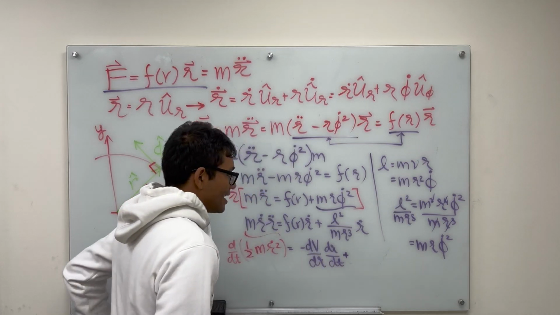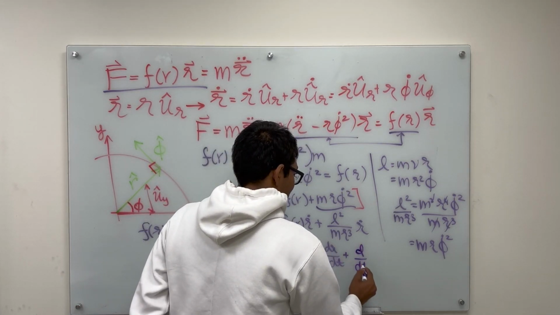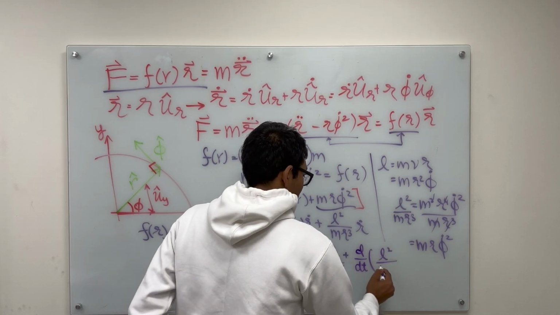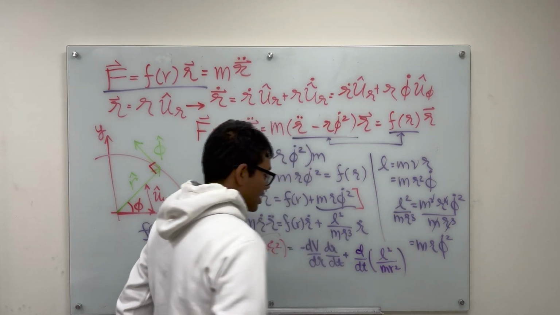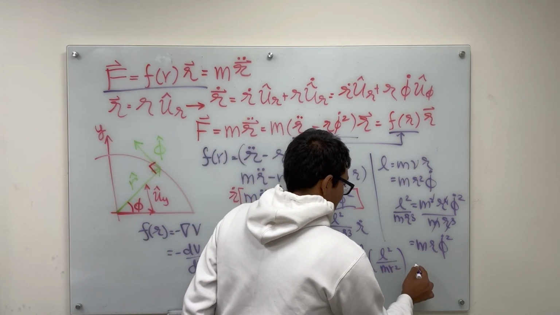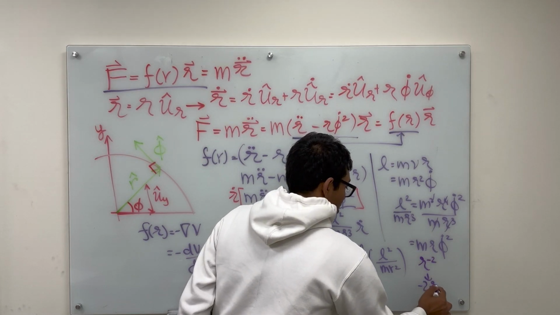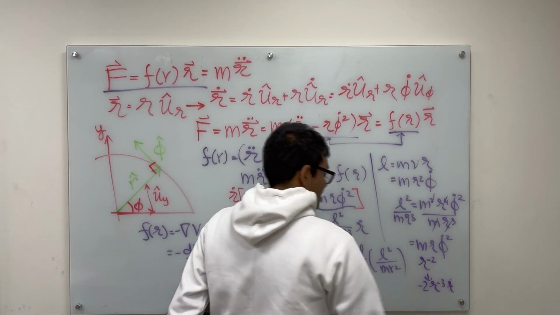Maybe I can make that into a temporal derivative as well. What if I said that this is d/dt of L squared over m r squared? Would that check out? Let's see. L squared over m is a constant. Now take the time derivative of r to the minus 2. That gives you minus 2 r to the minus 3 r dot.